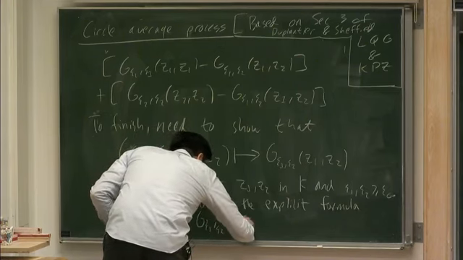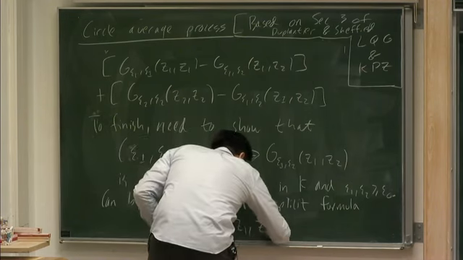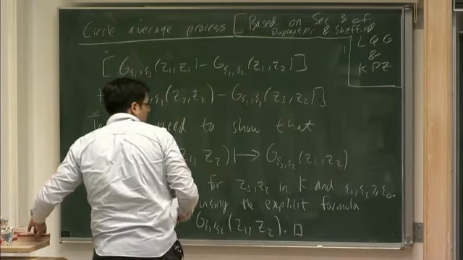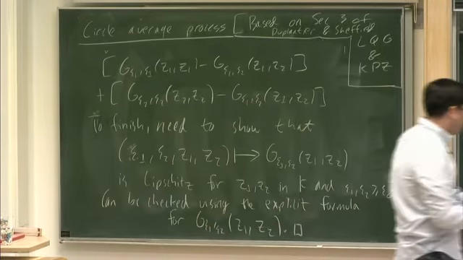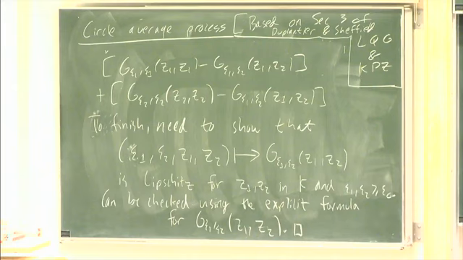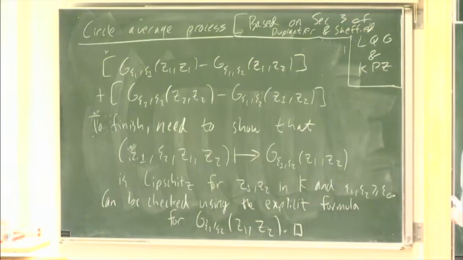Okay, so I don't want to do this because it's not hard. It's a little bit tedious, but it's not a difficult thing. And now I'm going to use this to finish the proof that the circle average process has a Holder continuous modification.